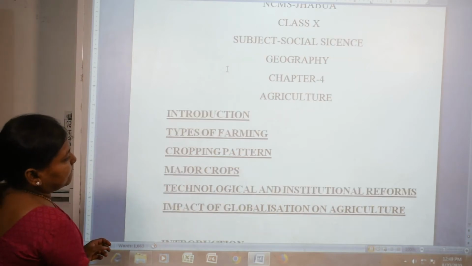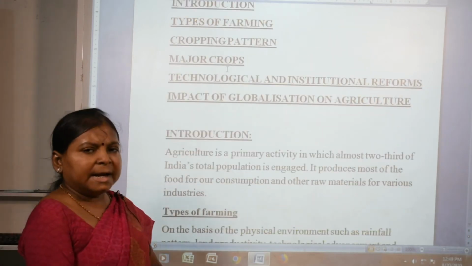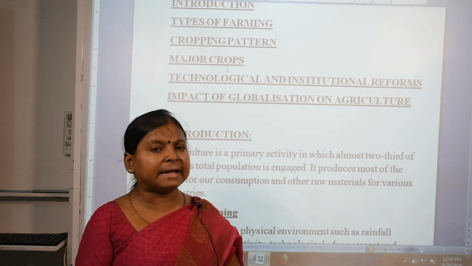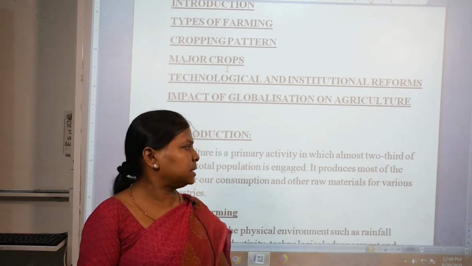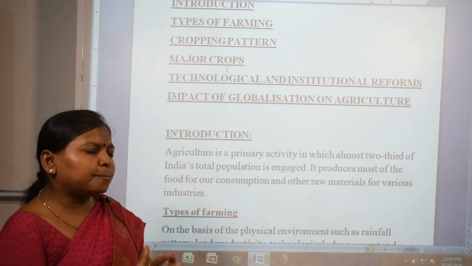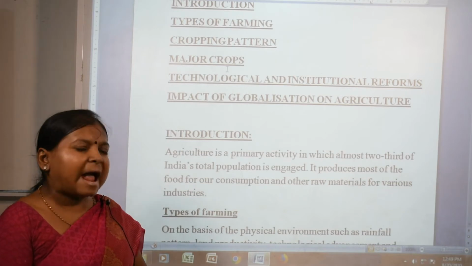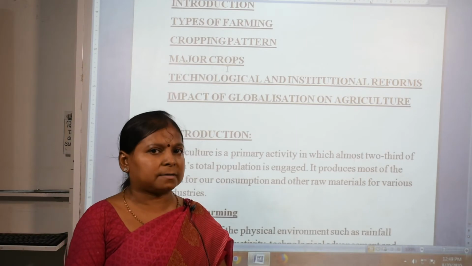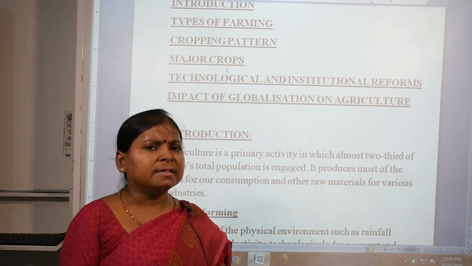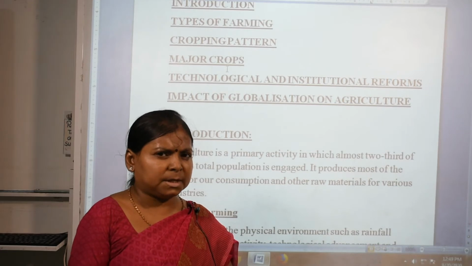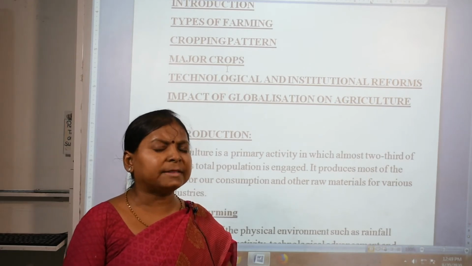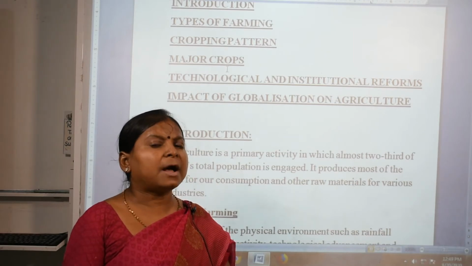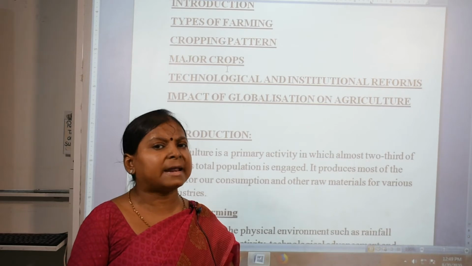So now, as you know, India is an agriculture country. Nearly two-thirds of the population is engaged in agricultural activity, and it produces most of the food for consumption and other raw material that we use for industries and for making different products. A lot of varieties of crops are grown that are used for industries, and this helps in the development of our economy also, and so many people are engaged.